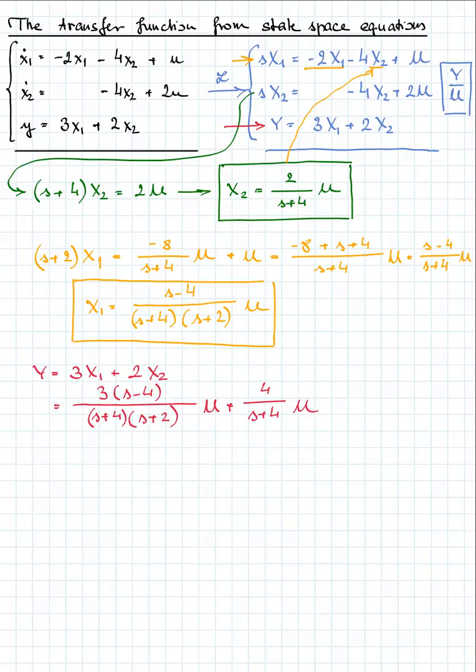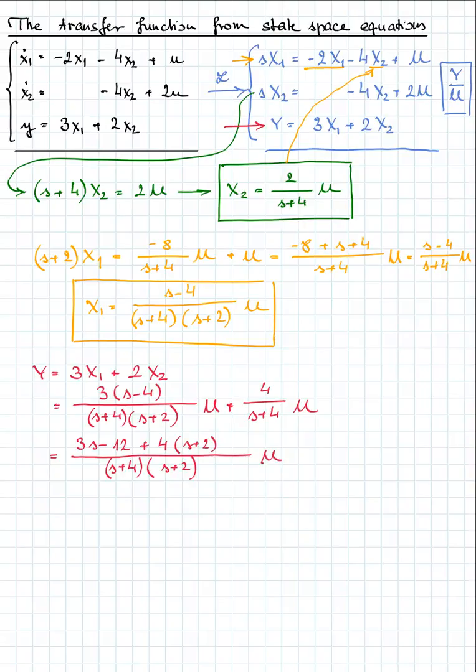Let's make the same denominator. This is (s plus 4)(s plus 2), and in the numerator 3s minus 12 plus 4, and this 4 is multiplied by (s plus 2).